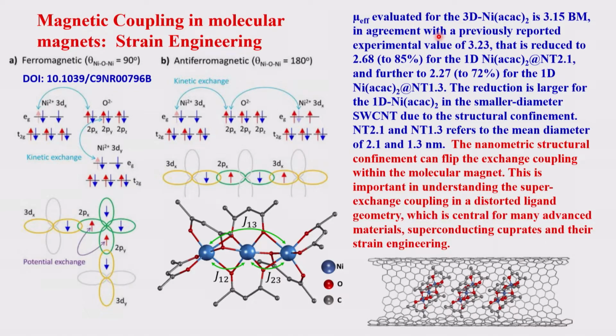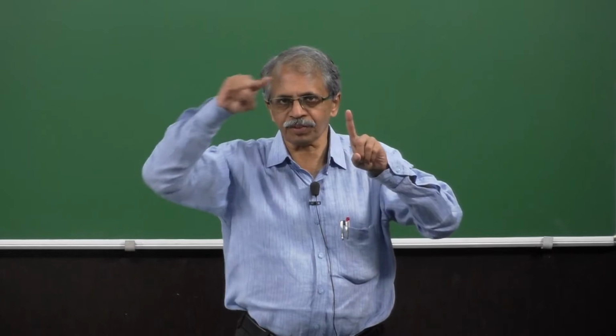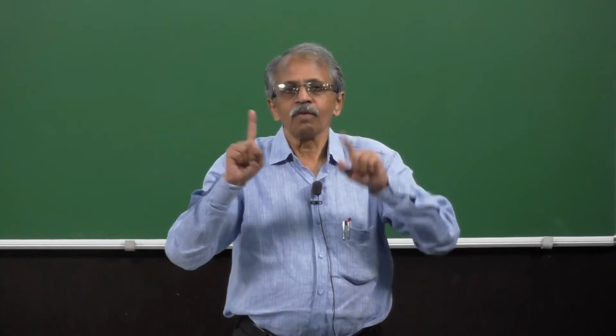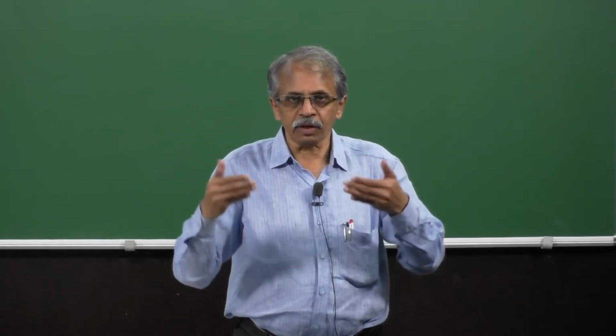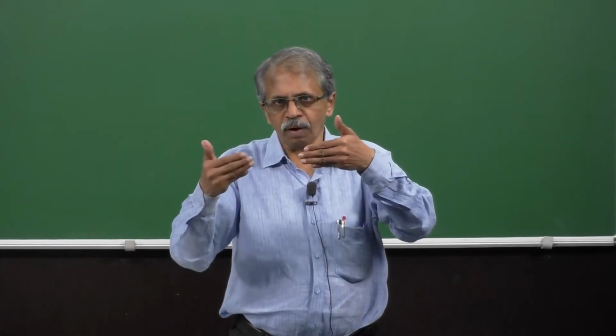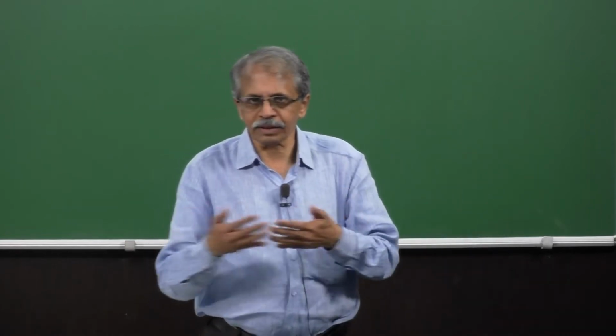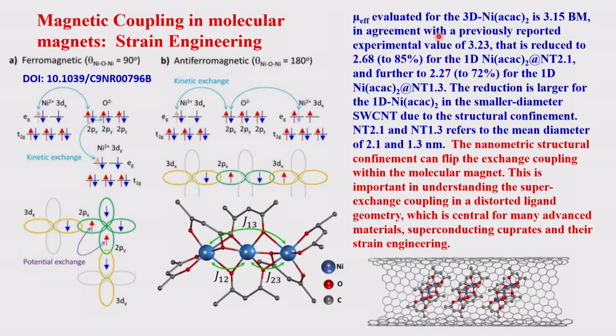So the connectivity between these two, that means the angle between these two, will basically decide, because these bondings are through the overlap of the orbital from the ligand and the orbital from the metal ion. So this angle will favor in some cases ferromagnetic coupling, in others antiferromagnetic coupling, depending upon the orientation of these things.